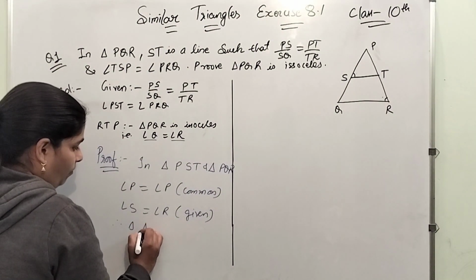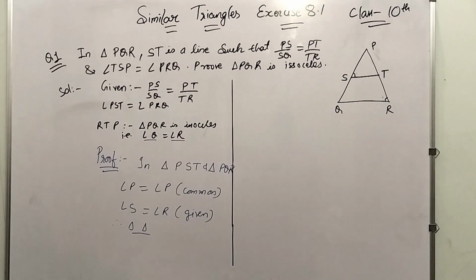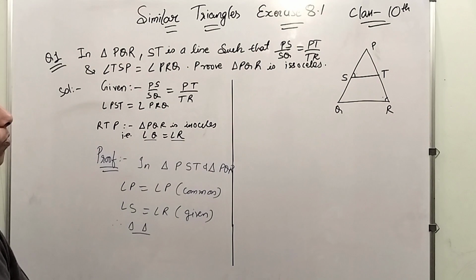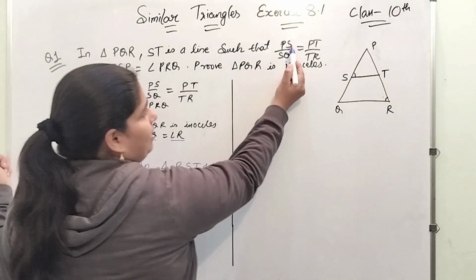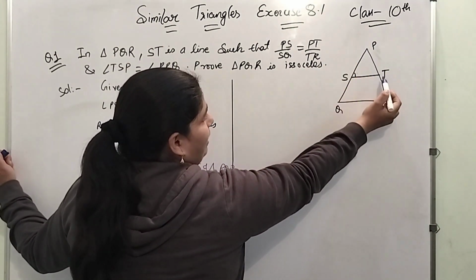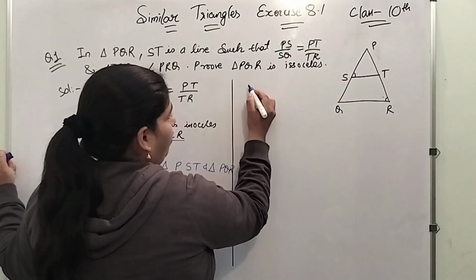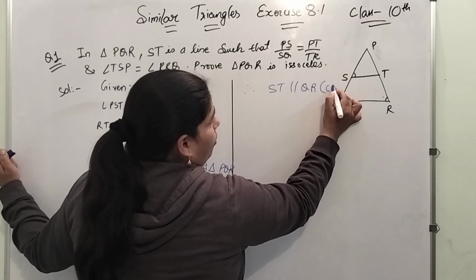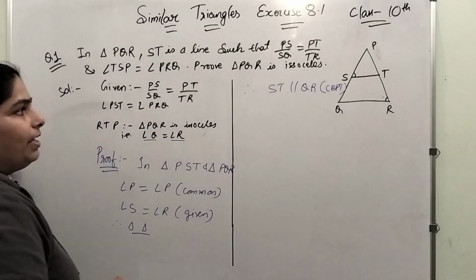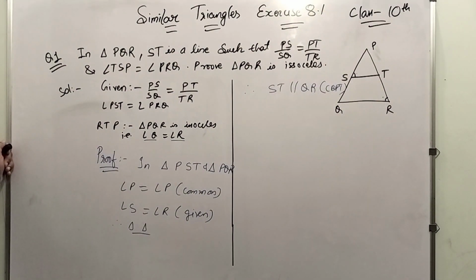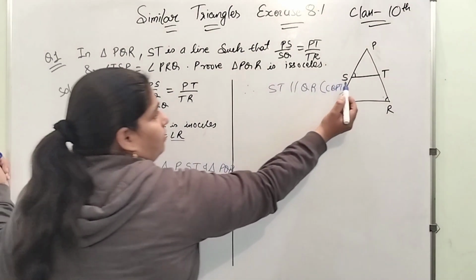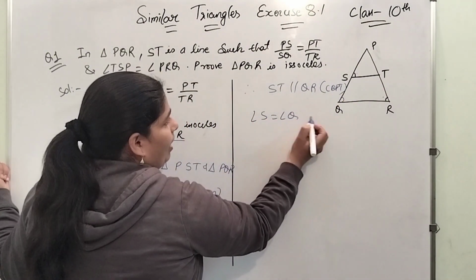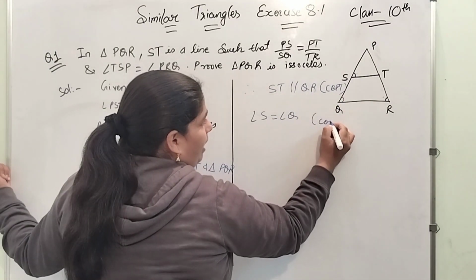And we know that when two triangles are similar, then we can use the BPT theorem. Now, here it is already given that PS by SQ is equal to PT by TR. Therefore, ST will be parallel to QR by converse of BPT. So, as ST is parallel to QR, angle S and angle Q will be equal. Why? Because they are corresponding angles.